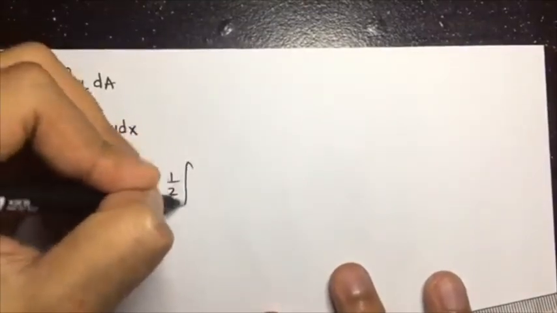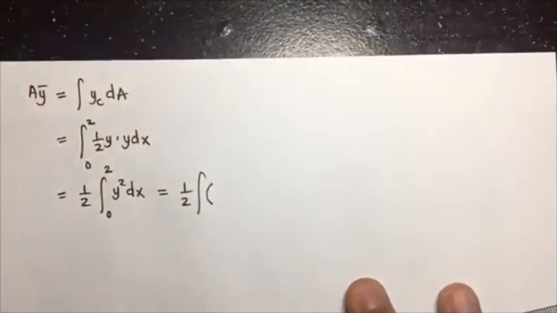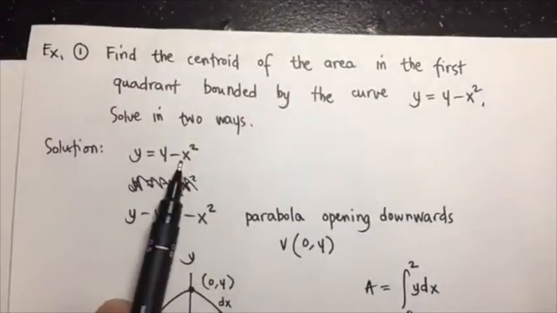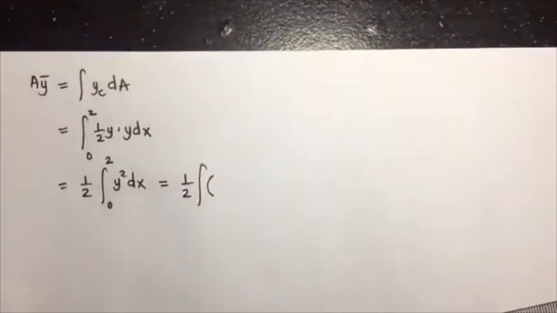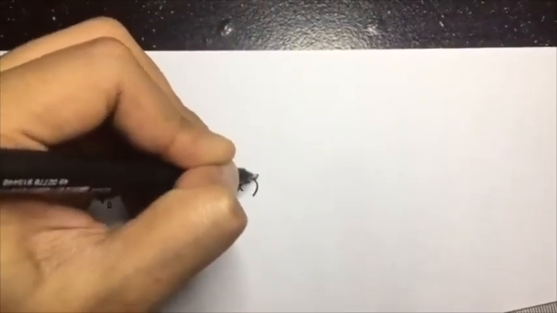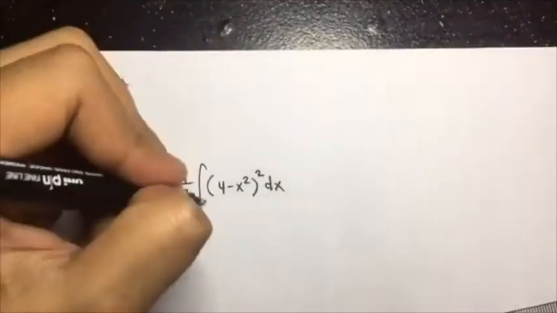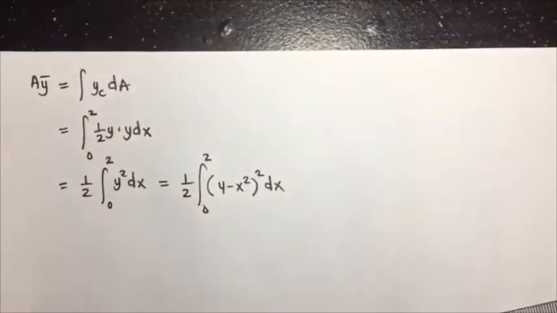So this will become 1/2 integral of y squared. Since our y is equal to 4 minus x squared, then this will become 4 minus x squared, squared, dx from 0 to 2.